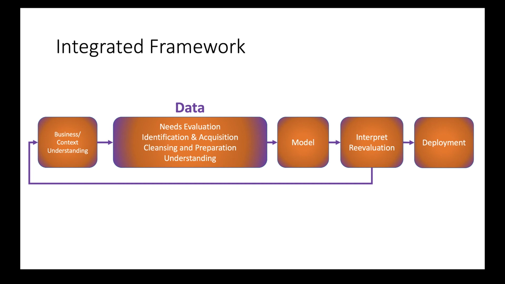I identify where that data is and I get it. I cleanse it. I prepare it and get it ready for analysis. I do a step that involves understanding what the data looks like and whether it meets certain assumptions, whether there are hidden patterns in the data, etc. Then I do my modeling. I interpret that model and I do some reevaluation, and I do that cycle as many times as possible, and then I deploy.